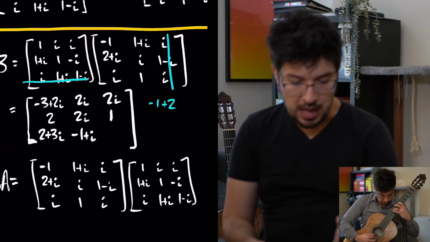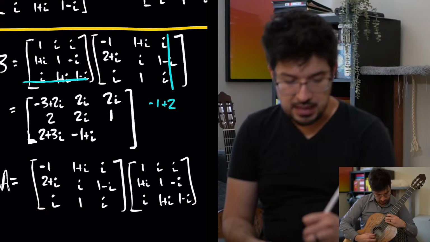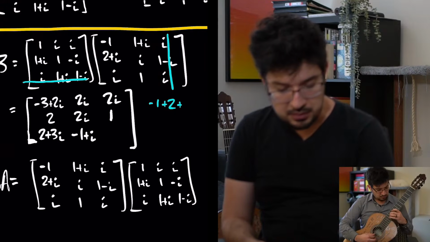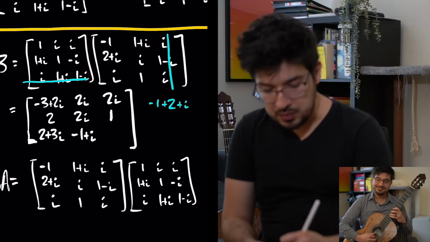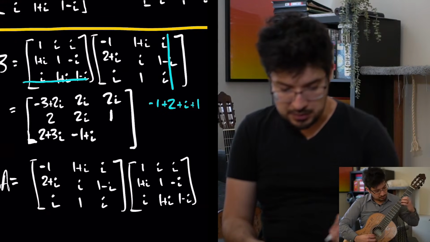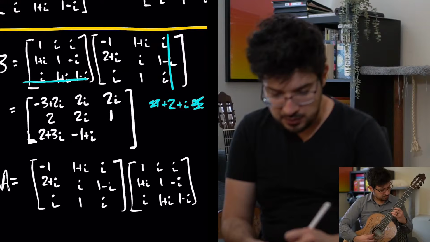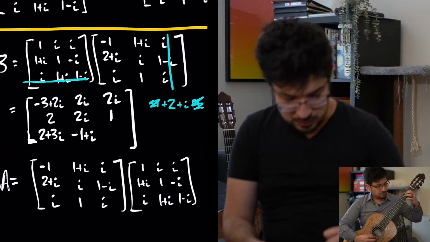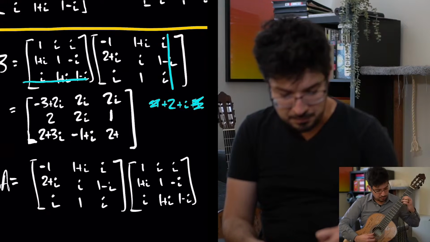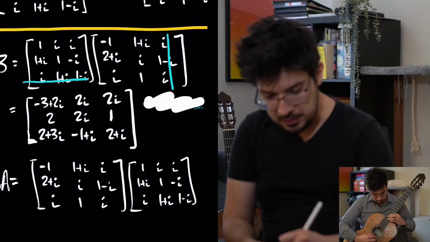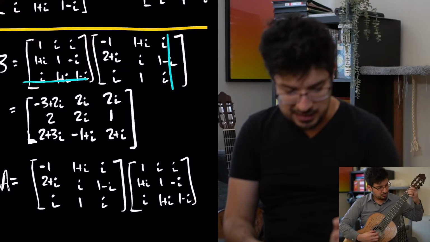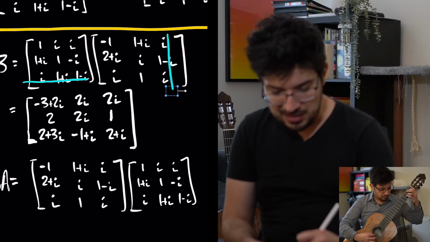And i minus i squared, so plus i minus i squared is positive 1. Negative 1, positive 1 cancel out. This is 2 plus i. All right. I think we got A times B. It took a little while, but we got it.